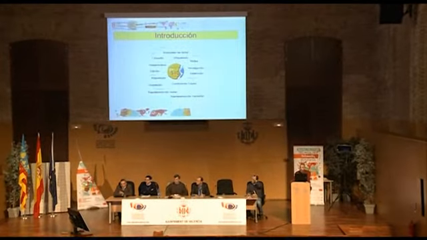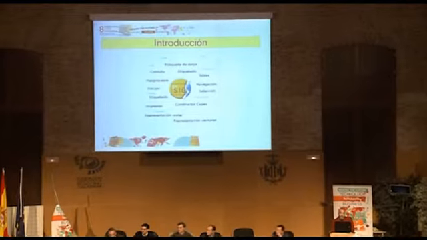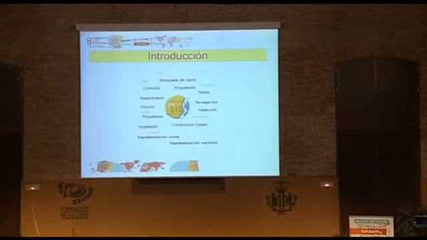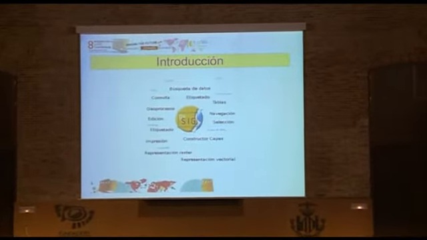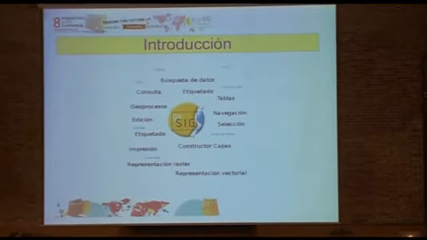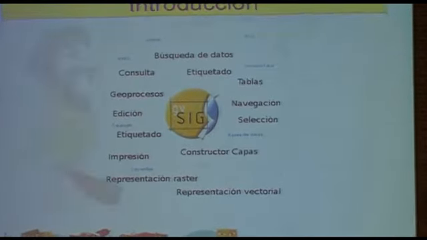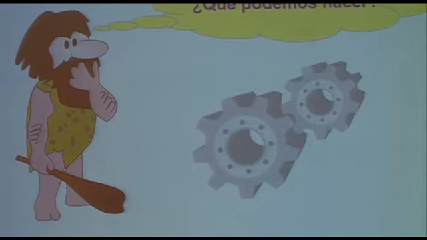2.0. We must say that gvSIG right now is a GIS with lots of functions. It's a heavy client, meaning that we have lots of tools with functions helping us to manage geo information.